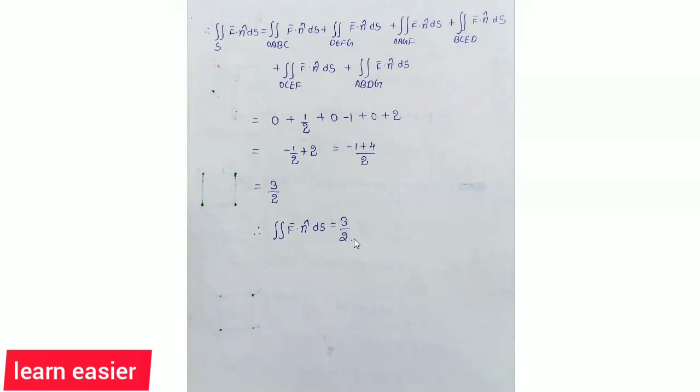Then find out the unit normal vectors for each surface, and then you can get the surface integrals of each plane. By adding the surface integrals of all the planes, you can get the overall surface integral of the cube.